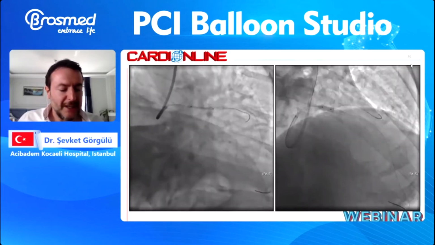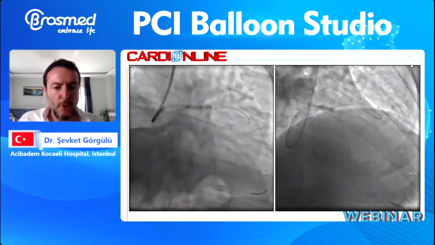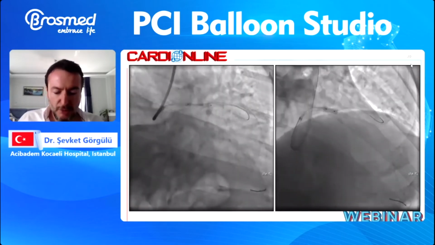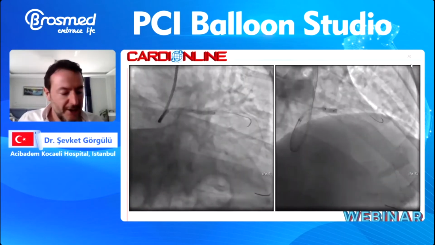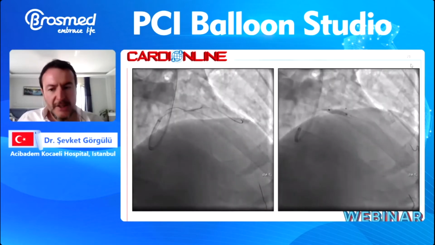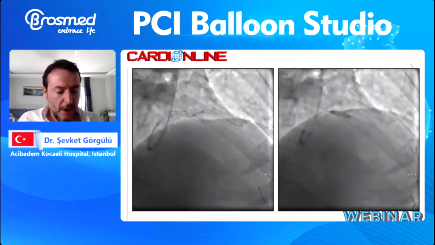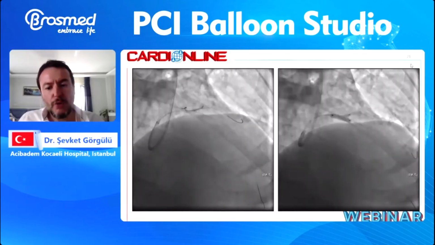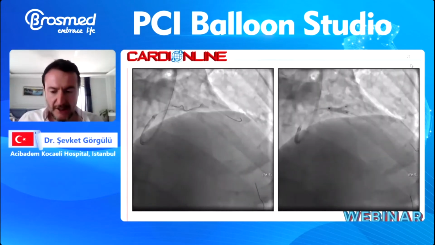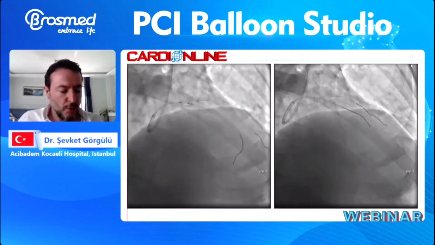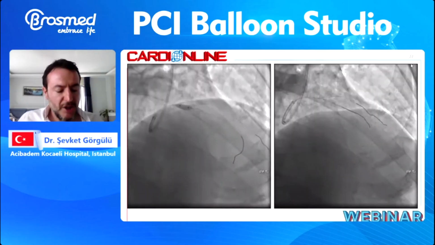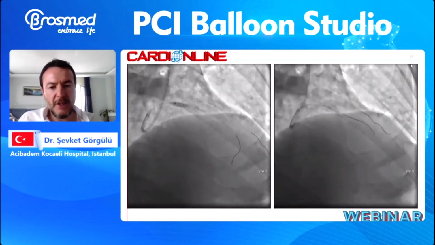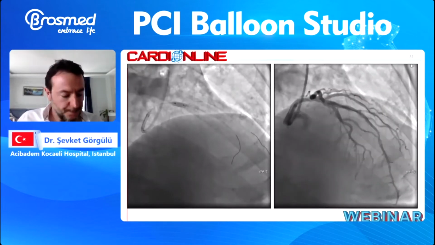Stent deployment and then pot with Apollo 3 by 10 millimeter balloon. Here, dividing the diagonal again, second kissing balloon. And this was a radial approach, of course, with 6 French guiding catheter. And pot with 3 by 10 millimeter Apollo, and here comes the end result.